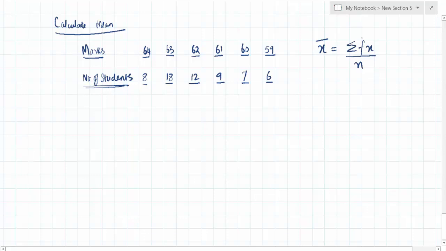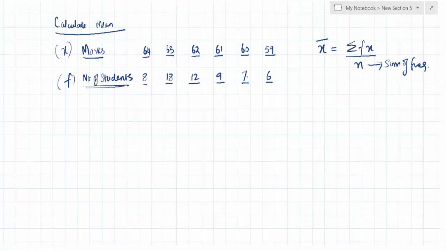But here, the number of students represents your frequency, and here you don't have class intervals, so the marks themselves can be represented as x. So you have f, you have x, and you multiply f and x, which gives you the numerator. And n represents the sum of frequency. The number of students are your frequency here, so you have to sum the number of students.